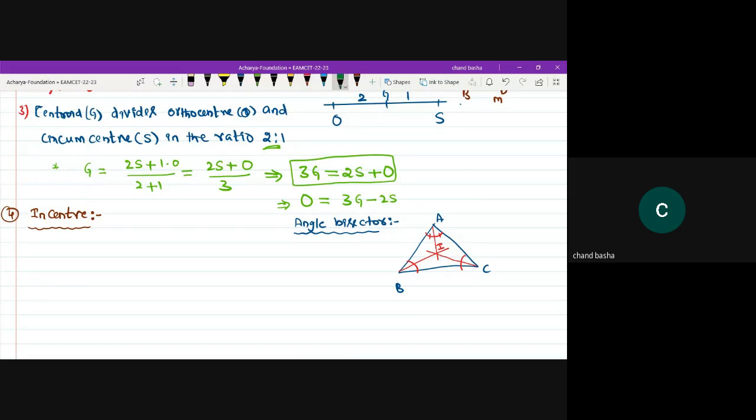For the incenter, the circle is located inside the triangle. The rest of the part is not necessary for us. The angle bisector is a line which bisects the angle.